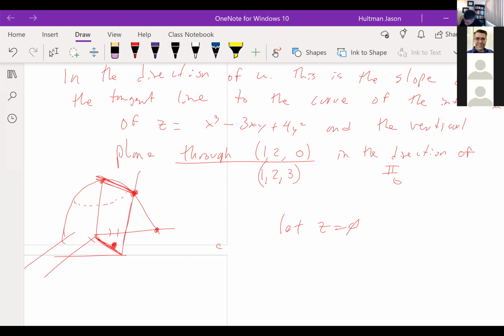So let z equal 0, because it's a plane in the z direction and z can be anything, but it's that specific angle we're looking for, pi over 6.